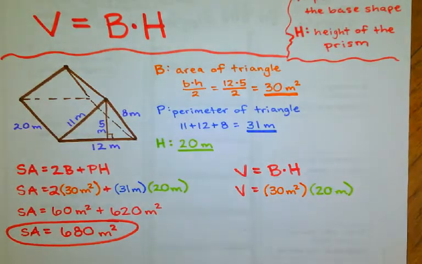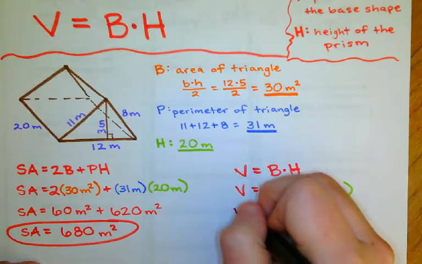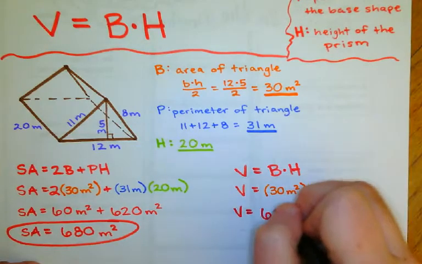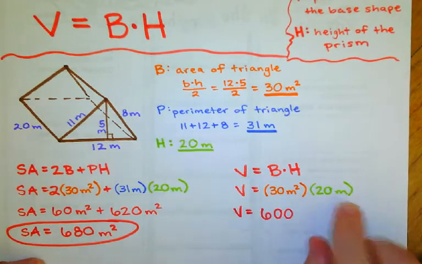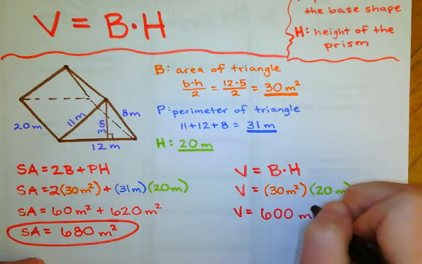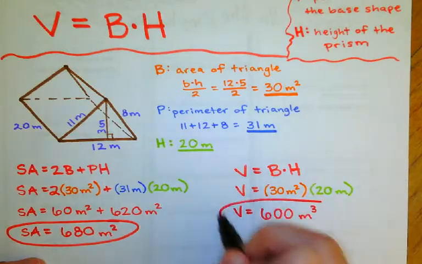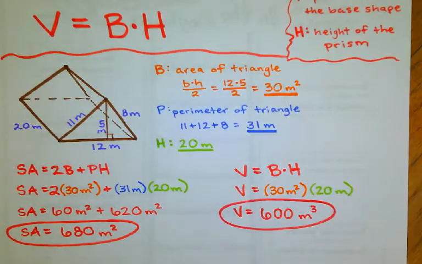All right, so 30 times 20 is 600. And m squared times m is m cubed. So there's our volume, 600 meters cubed.